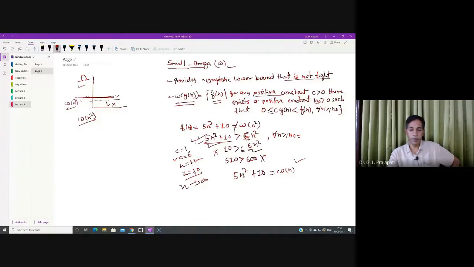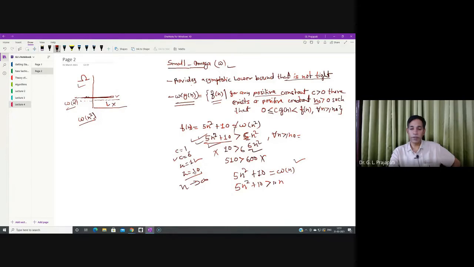Why is it so? Because for this case, 5n square plus 10 is f of n, and this f of n should be greater than some c into n, and you can take any value of c.